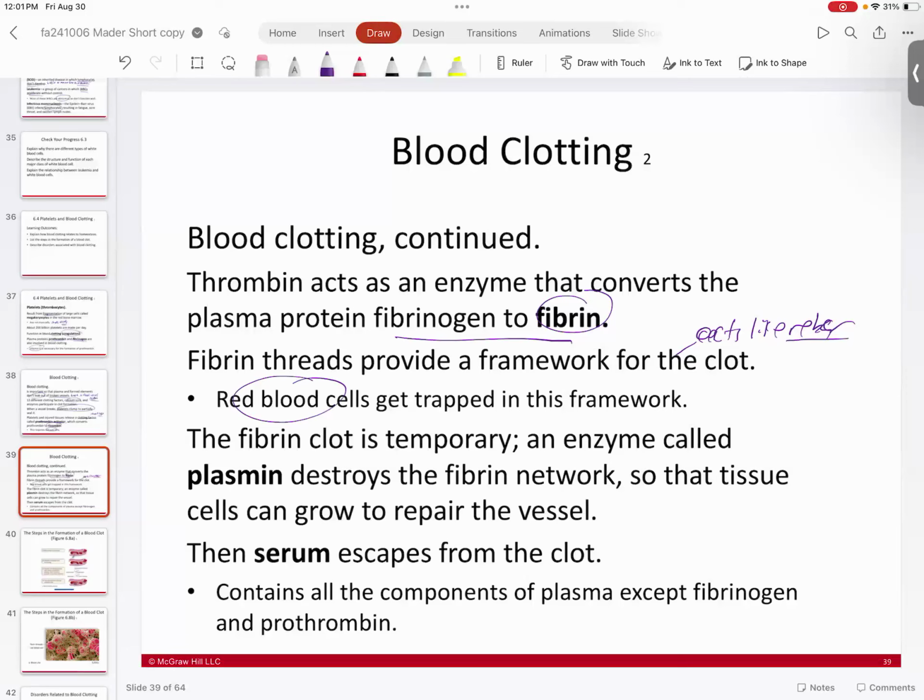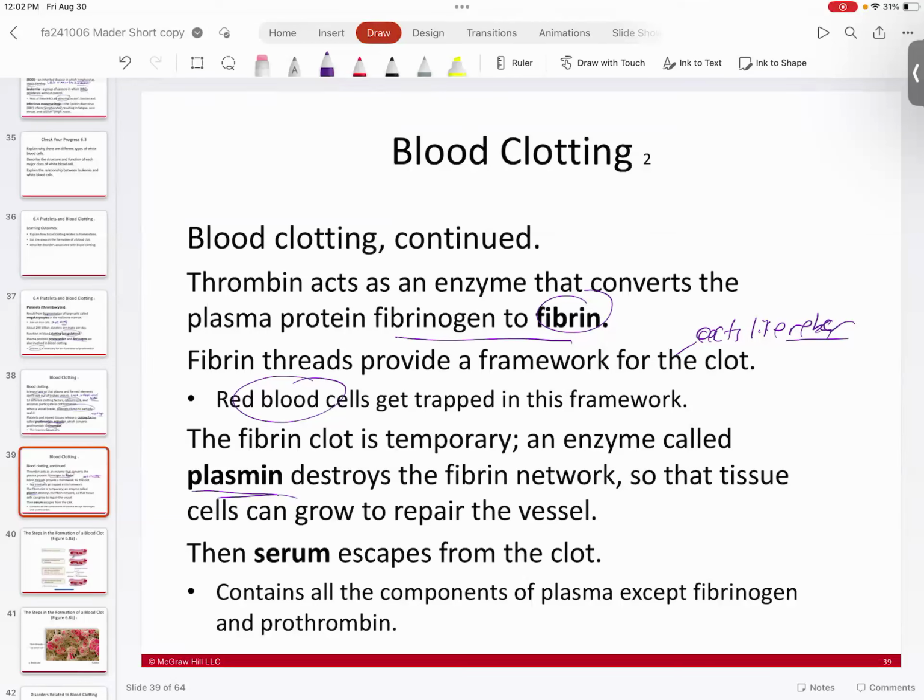Then the clot is pretty solid, much more so than the platelet clot. In order to break up the clot, we have to have plasmin come in and destroy that fibrin network so that the tissues can grow and repair once you stop the bleeding. This prevents the serum, that is your plasma, from escaping from your system.